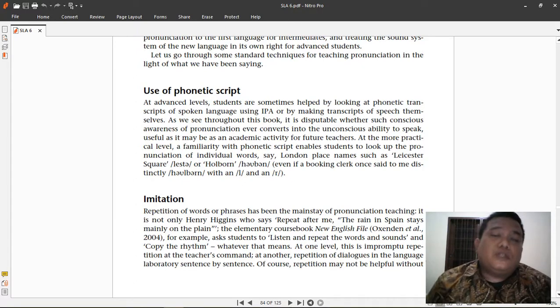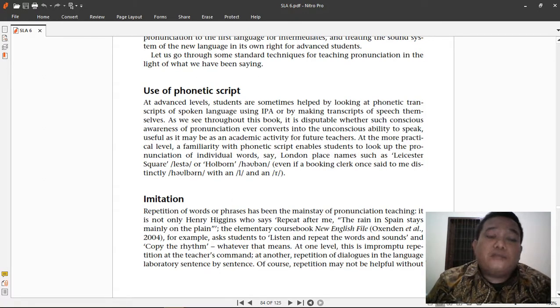However, the students must firstly master the IPA, the International Phonetic Alphabet. So before you teach them by using the phonetic script, your students must first be able to master the phonemes.